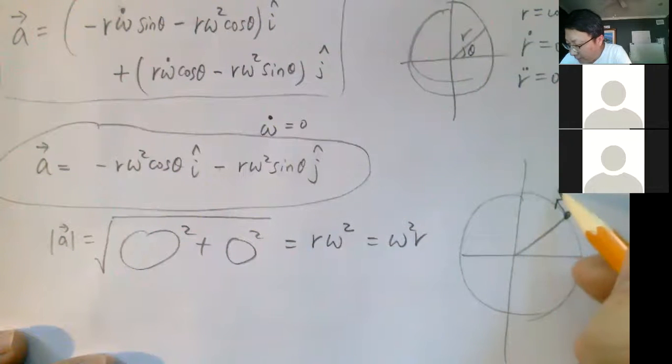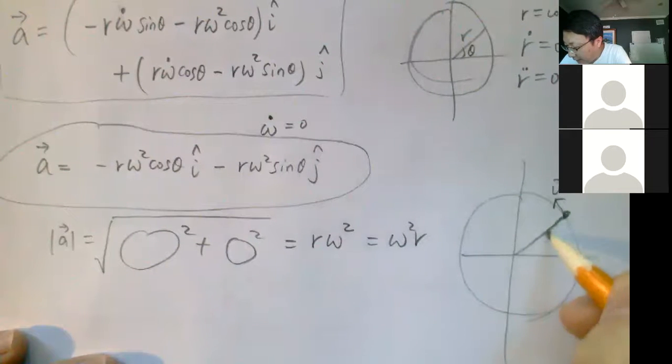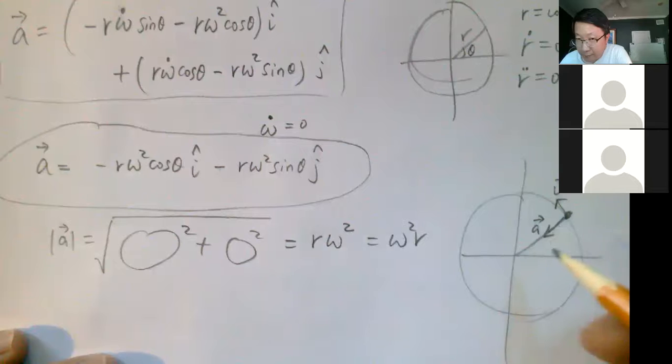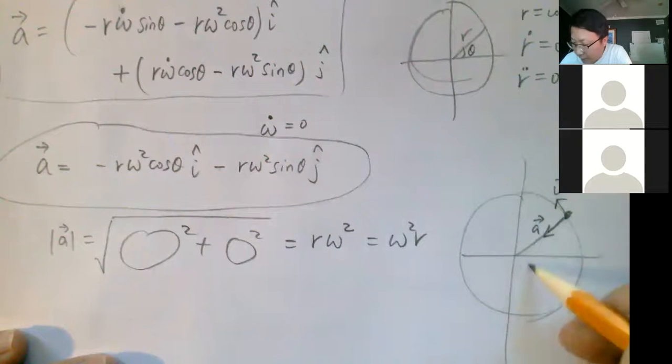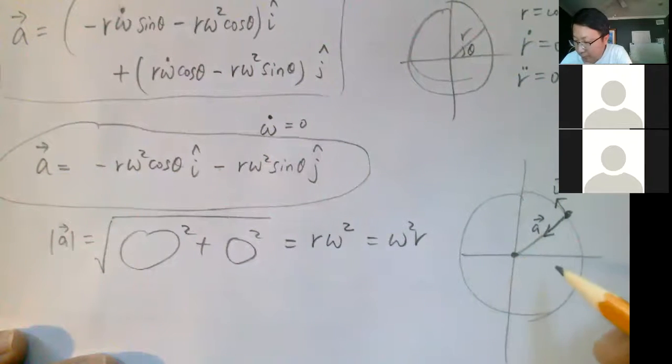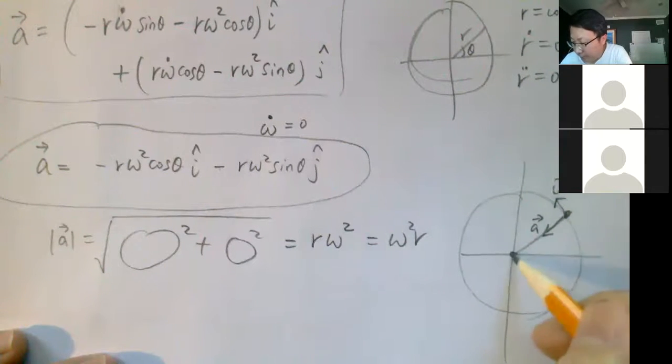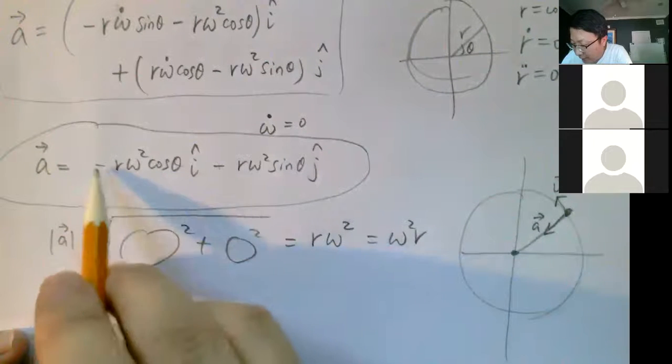And this is the velocity direction. The A direction actually is to the center of the circular motion. 所以叫向心加速度, to the center.